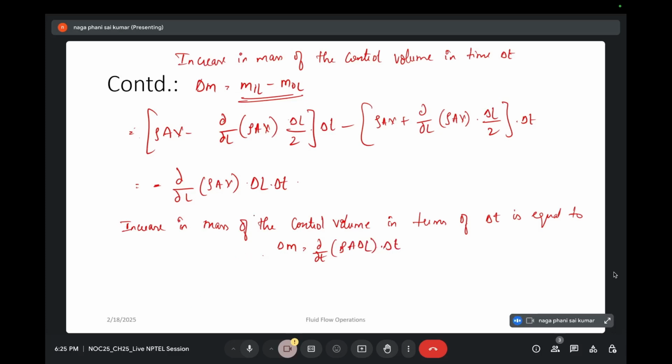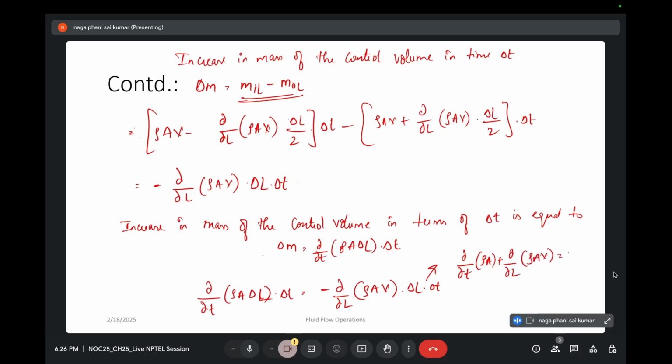Okay. So now these two terms will be equal, right? Because both are change in mass or increase in mass of a control volume. So now dou by dou T of rho A into del L into del T should be equal to dou by dou L of rho A V into del L into del T. Okay, so if you take this to the other side, we'll be getting dou by dou T of rho A plus dou by dou L of rho A V is equal to 0.